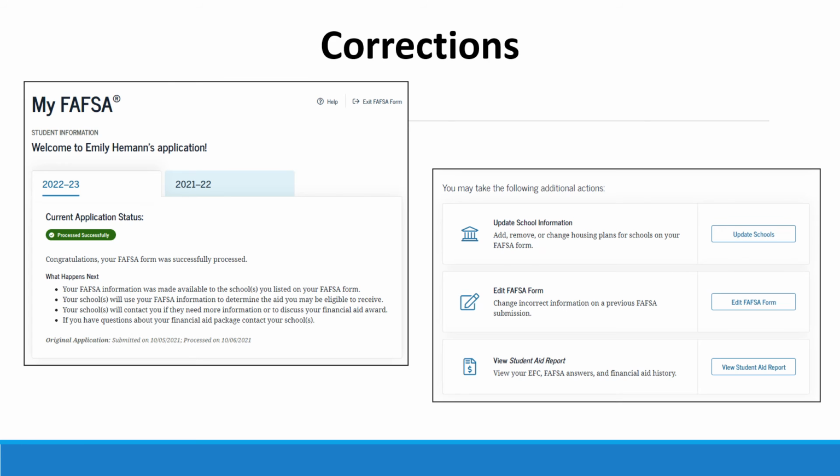Currently, a student, once they submit their FAFSA, is not able to make any changes. If you log in after submitting that FAFSA, student will see their FAFSA is currently on hold. Once it is processed, the corrections process will resume. This is last year's screenshot. I do not have a current screenshot to show you, but just know that there will be a process to make corrections.